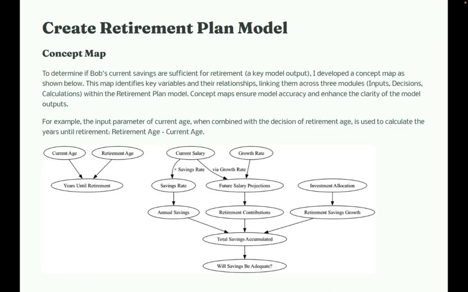To ensure accuracy, I have developed a concept map, as shown here, that identifies the relationship between key variables, such as current age, which is an input parameter, retirement age, which is a decision, and years until retirement, which is a calculation. This map links inputs, decisions, and calculations to produce clear and reliable outputs.